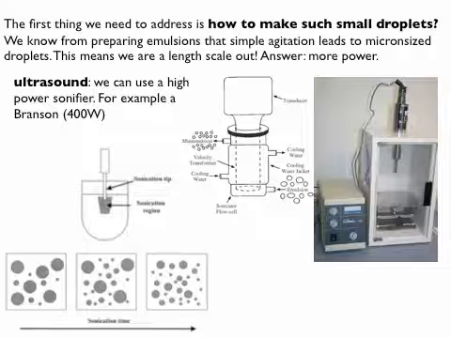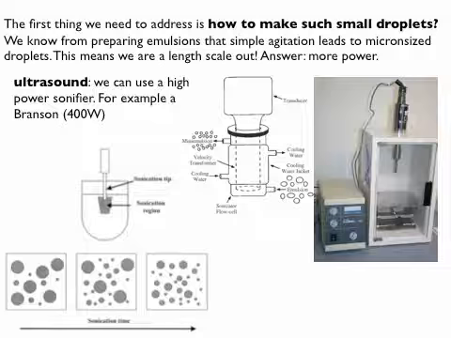Ultrasound causes cavitation, which means it's high energy, and it breaks up droplets into smaller droplets. As a result, you can homogenize, it's called homogenization, the system into droplets that are way below a micron. So this is one way of doing it.